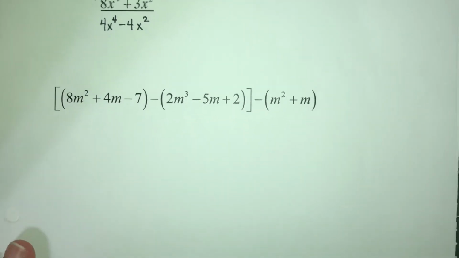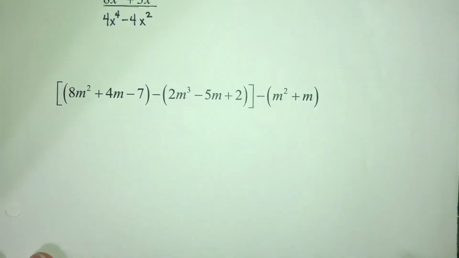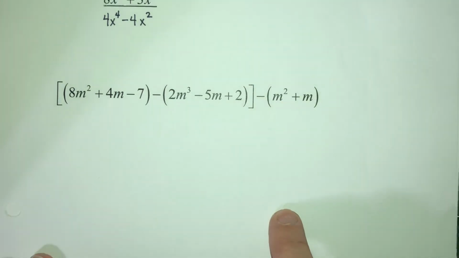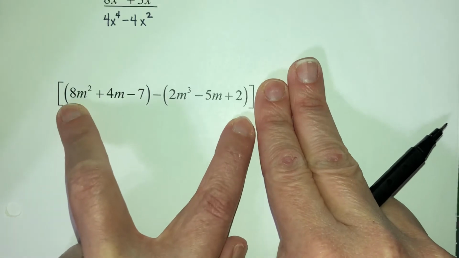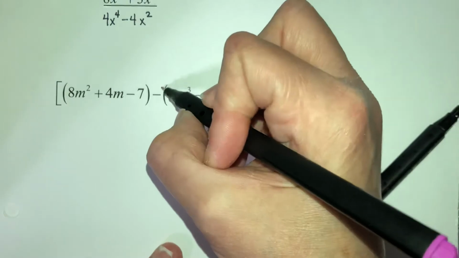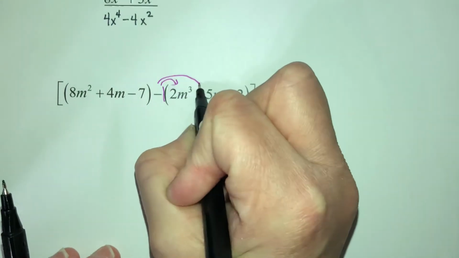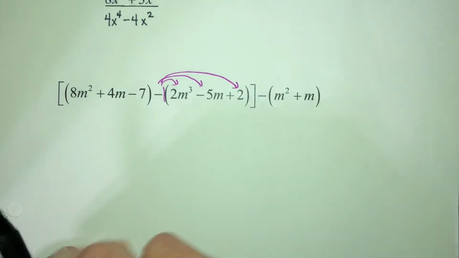Okay, now let's work on this one. This is about as ugly as they're going to get. The first thing I'm going to do is I'm just going to ignore this for a while. I'm going to let it follow us down. I'm not going to worry about it just yet. I'm going to worry about working this inside here. Now, this is an understood -1 right here, and we want to distribute it all the way through. Okay.